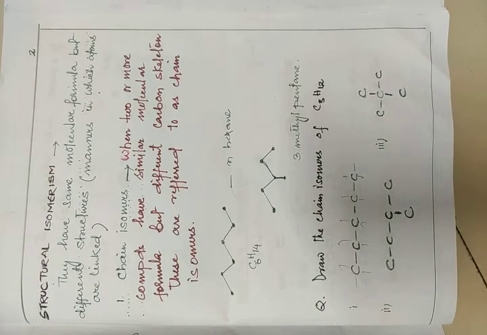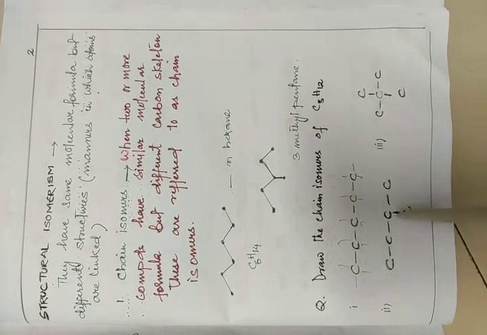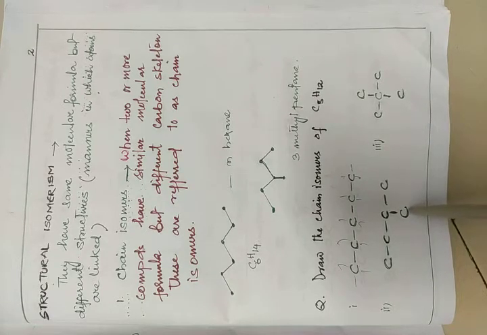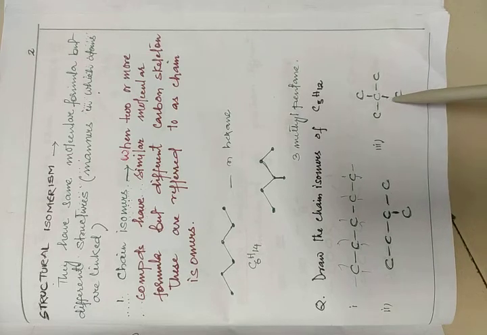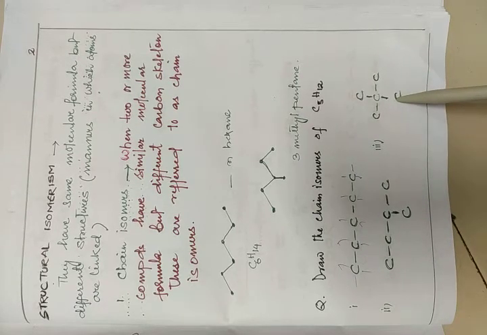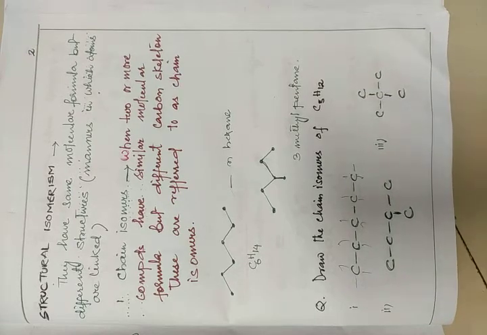Next is number 2, another isomer: 1 2 3 4, and at the 2 or 3 position one carbon is there. So this is a branch chain. Then another structural isomer is like this. So 3 isomers are there.